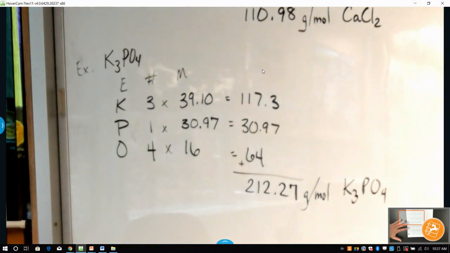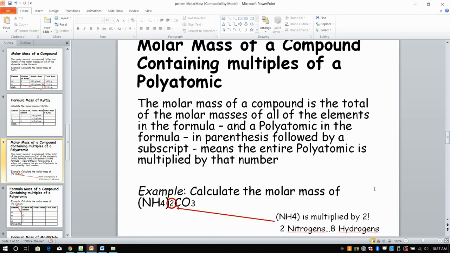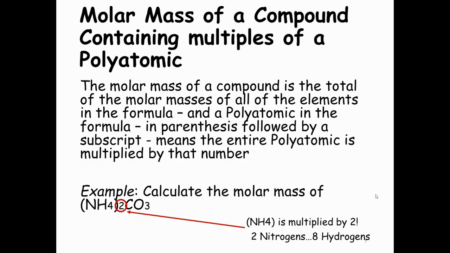Next thing. So if you were looking for the molar mass of a compound containing multiples of a polyatomic ion, how do you know if there's multiples? Your polyatomic ion is going to be in parentheses, right? Like here, NH4 with a subscript 2 after the parentheses, and then CO3.